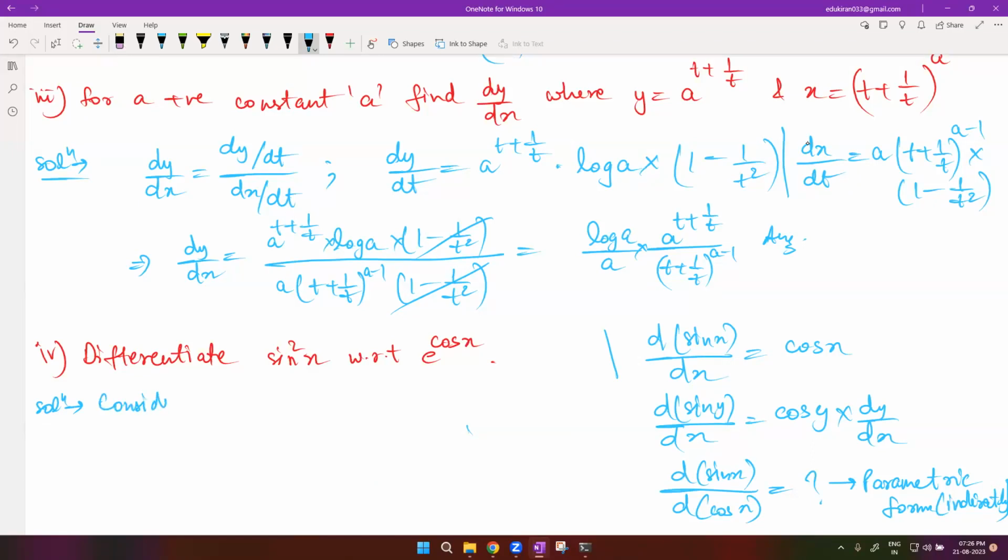Consider y is equal to sine square x and z is equal to e to the power cos x. Then we need to differentiate this function, which is y, with respect to e to the power cos x, which is z. So basically, we need to find dy by dz.